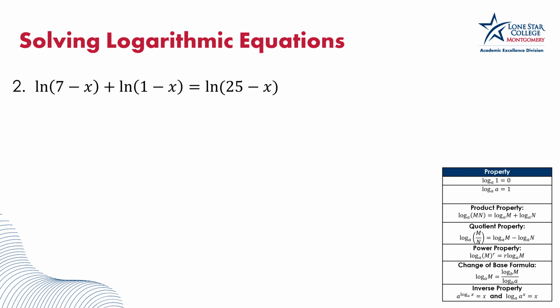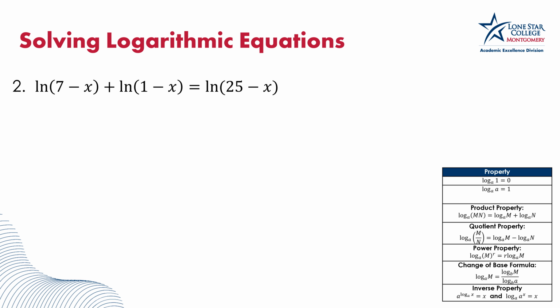Now let's look at an equation where it involves natural logs. So we have natural log of 7 minus x plus natural log of 1 minus x equals natural log of 25 minus x. So first thing we need to do is consolidate our left-hand side to turn it into one singular log, because to solve log equations, ideally we want just a single log on both sides.